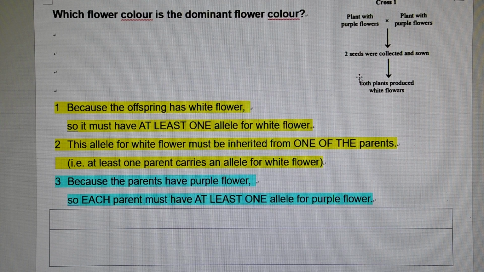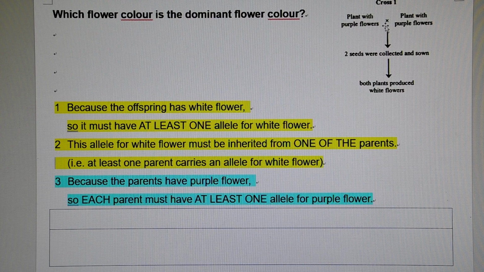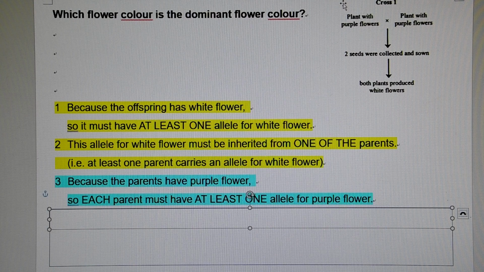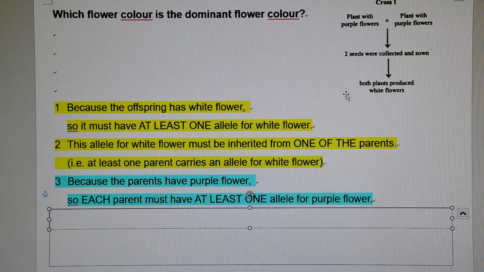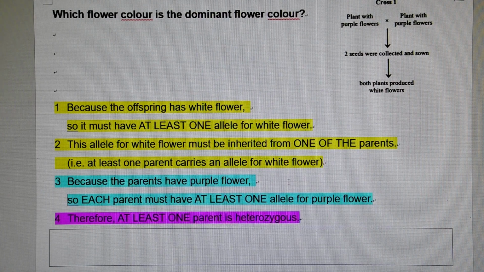So if you are keeping count, each of them has one allele for purple flower, and there is an allele for white flower that we know exists in either one parent. So that means one of the parents must have both the purple flower allele and the white flower allele. So therefore, at least one parent is heterozygous.